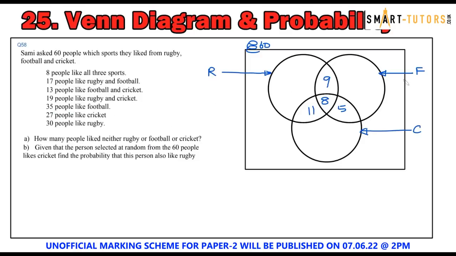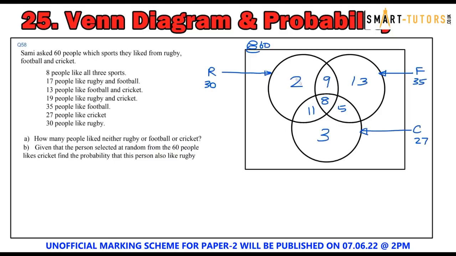35 people like football, 27 people like cricket, and 30 people like rugby. So all you want to do is add up the numbers in each circle to find the remaining regions.